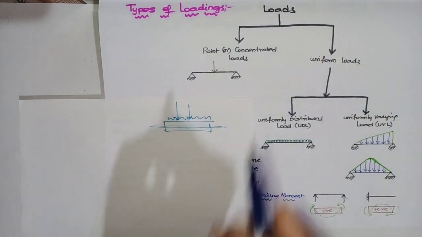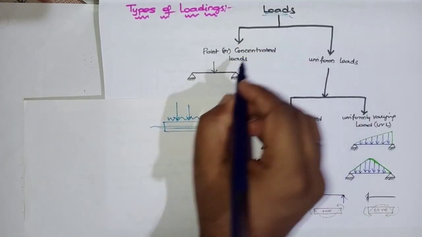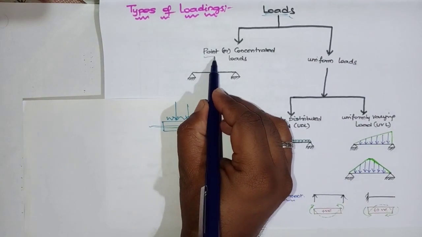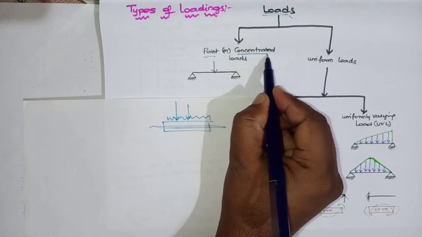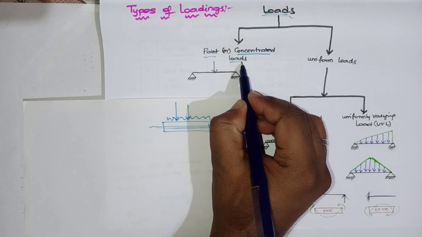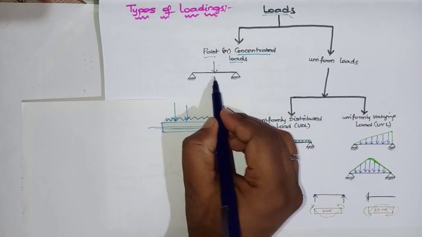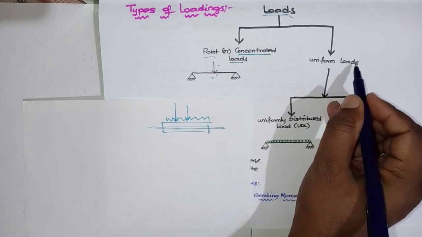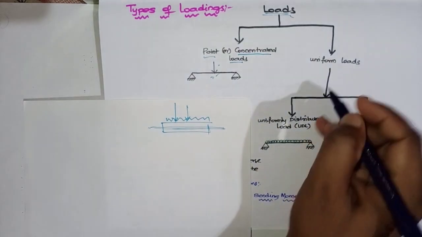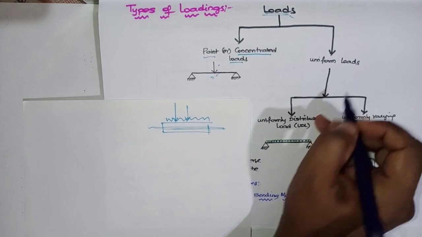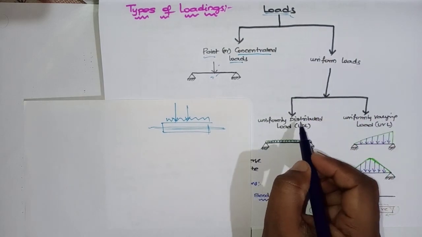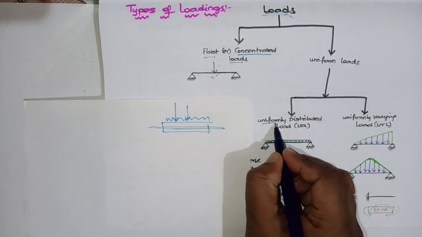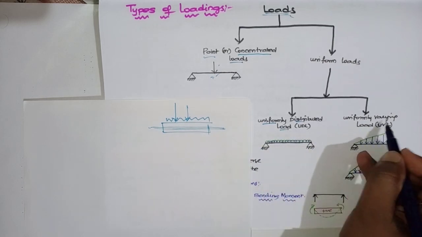The different types of loadings I consider here are point load, which is also known as concentrated load. The point load will be like this. Coming to the uniform load, here it has been distributed again: uniformly distributed load and uniformly varying load.